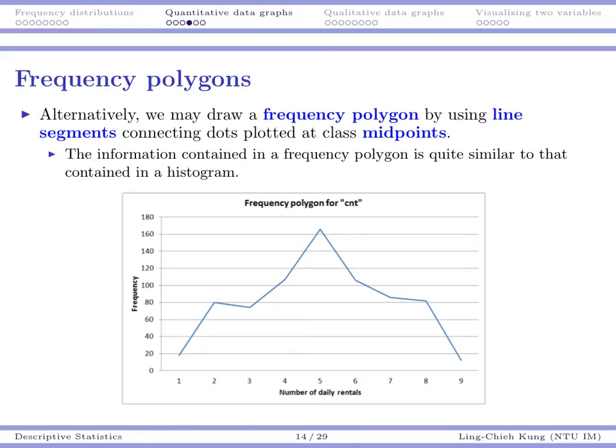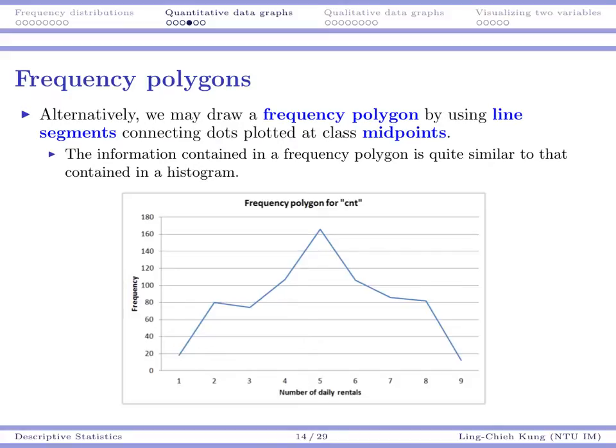One thing that is very similar is called frequency polygons. Okay, if you don't like a histogram, you may draw a frequency polygon by using line segments to connect dots plotted at the class midpoints. If you look at this frequency polygon, you can see that it simply gives you the same information as a histogram does, right?